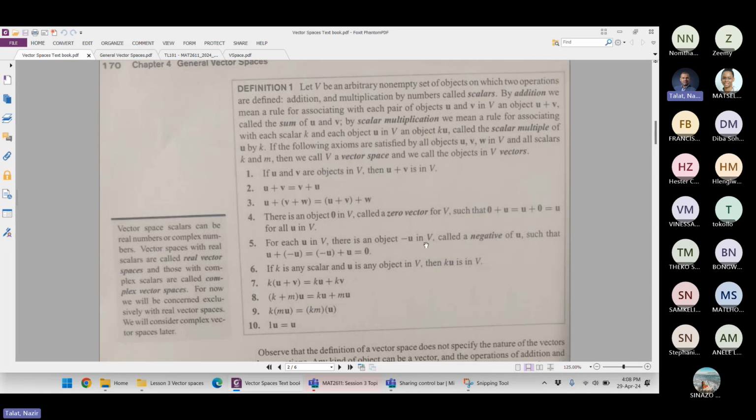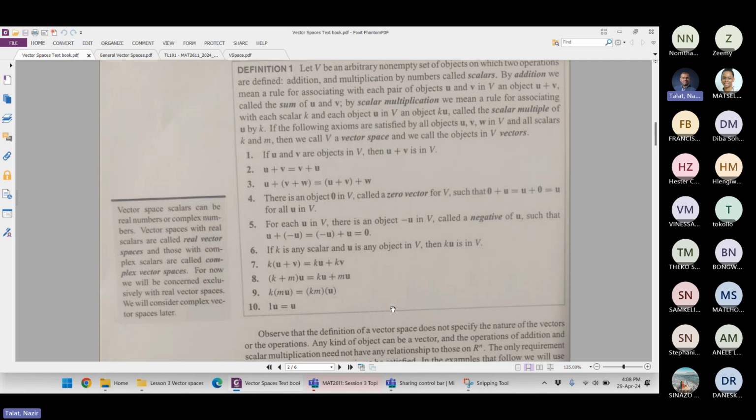If you take 10, then minus 10 also belongs to the set of real numbers, like 10 plus minus 10 is the same as minus 10 plus 10, which is equal to 0. And if you take any real number and multiply it with any scalar, then it also belongs to the set of real numbers. You can also check that the other properties are satisfied by the set of real numbers.